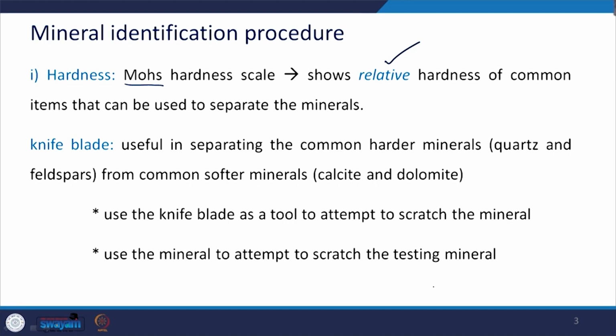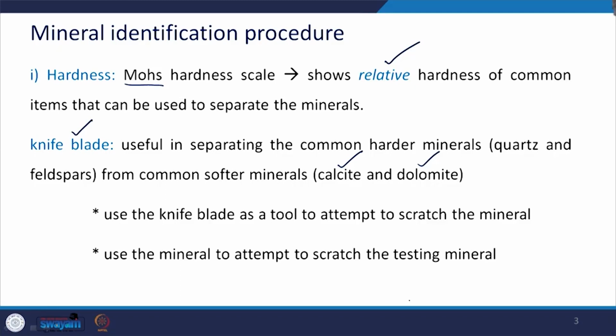Now we need to use a knife blade to separate the common harder minerals like quartz and feldspars from common other softer minerals which include calcite and dolomite. It can be used in two manners.